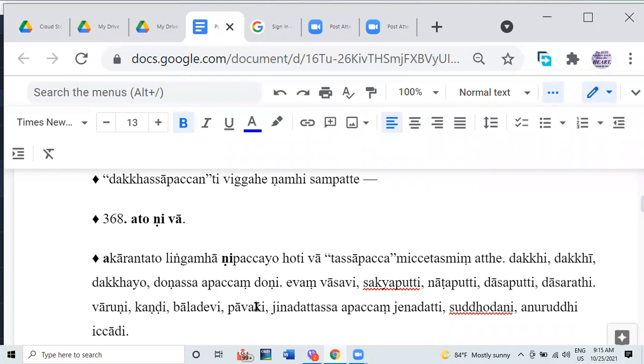Dornasa abajan dorni. Dhaka is the name of Dhaka; the son of Dorna is Dorni. Likewise Vasavi: Vasava is the name of King Saka, so Vasavi is the son of King Saka Vasava.